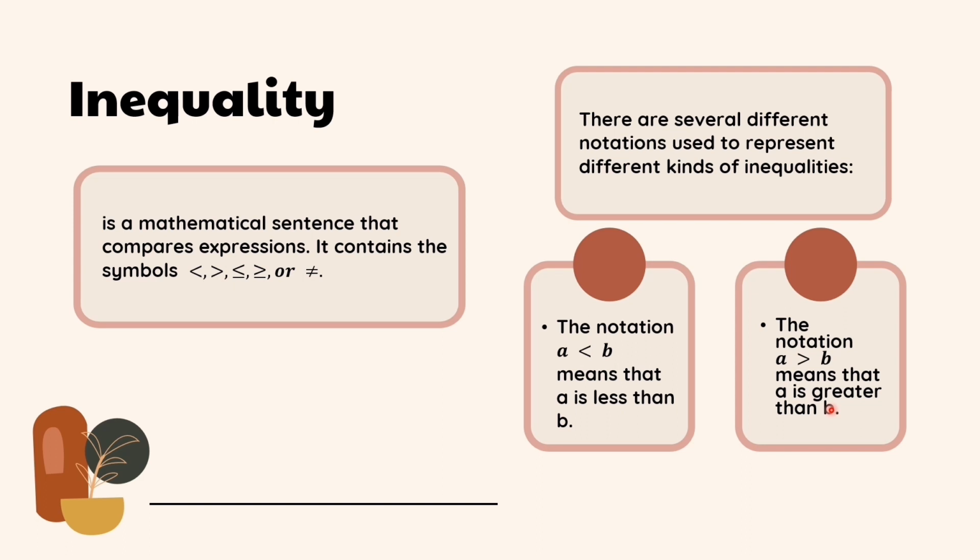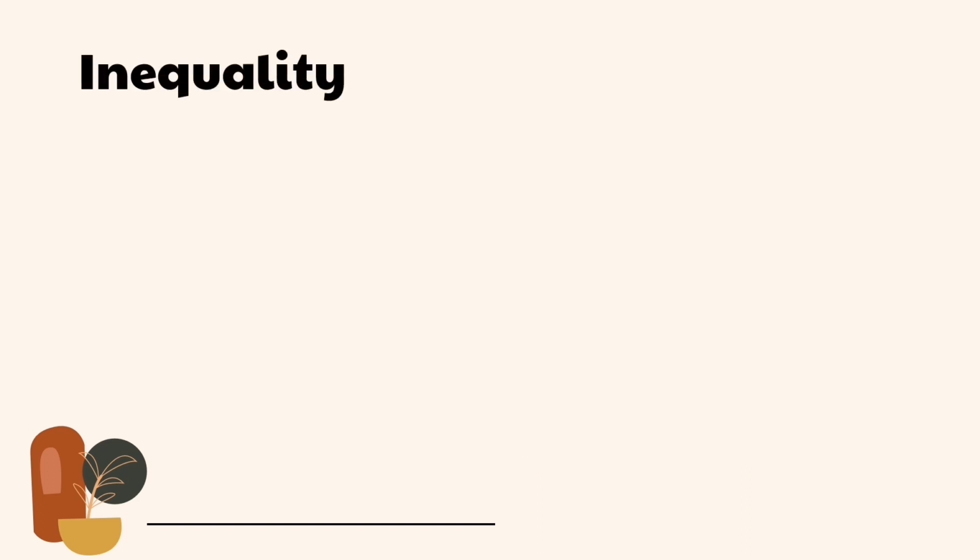As we go along in our discussion, we will discuss more about the different symbols of inequality. In either case, a is not equal to b. These relations are known as strict inequalities, meaning that a is strictly less than or strictly greater than b.